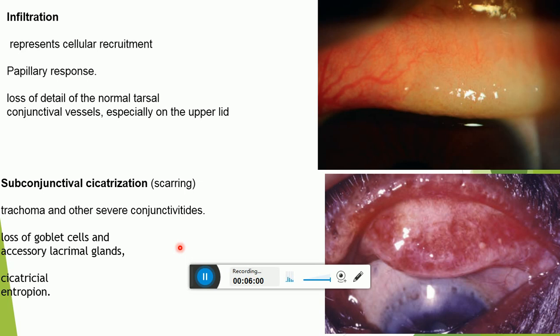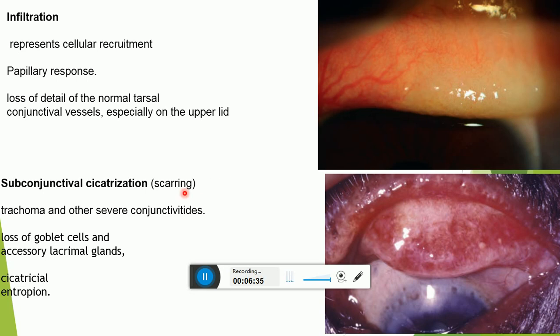Another conjunctival reaction is infiltration. It represents cellular recruitment to the site of chronic inflammation. It accompanies a papillary response. There is a loss of detail of the normal dorsal conjunctival vessels, especially on the upper lid. Here you can see infiltration and loss of detail of normal dorsal conjunctival vessels.